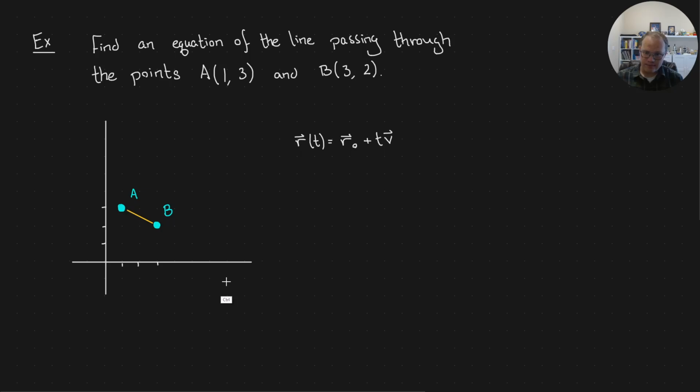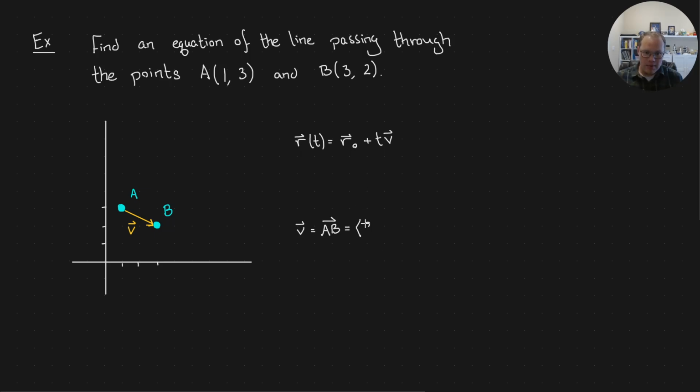Okay, let's go in this direction. Let's take the vector from A to B. We'll call this vector v. So vector v is my direction vector, and it will be the vector pointing from A to B. So I just want end minus start.